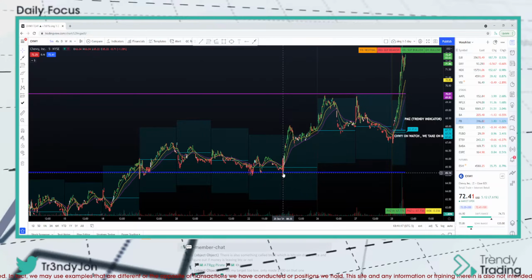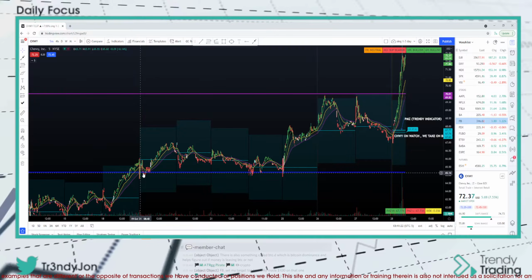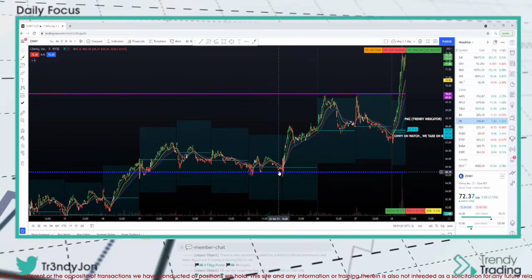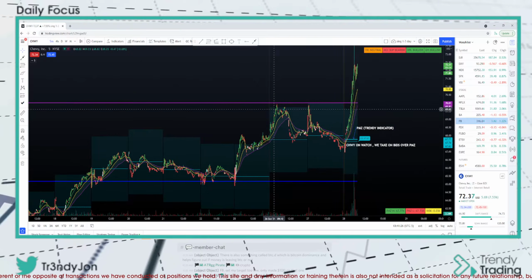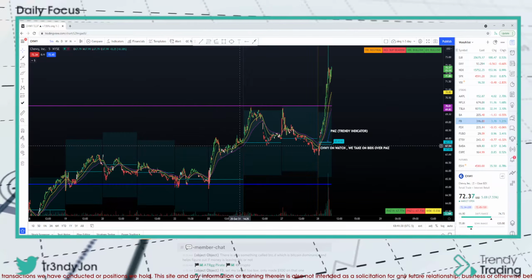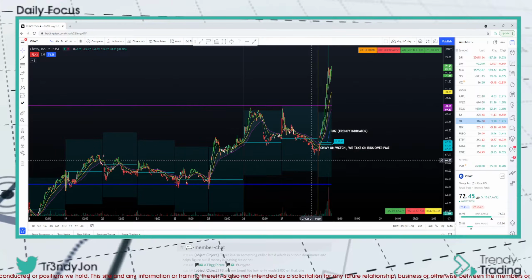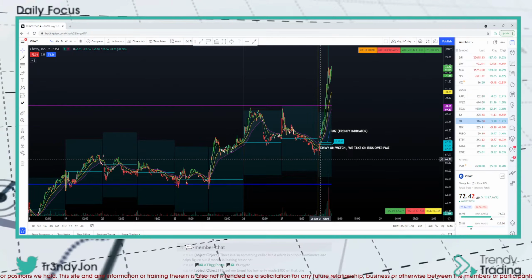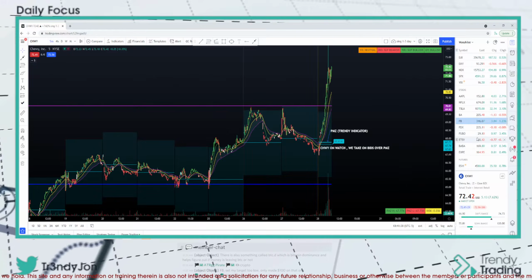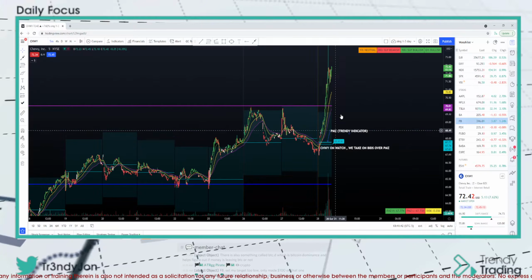Notice down here at your higher trendy edge, we found support. That's normal. Every time we reclaim that edge, we found support and then we pushed up. And then notice we found resistance. A little bit of consolidation over the last couple days. The name's been pretty quiet for a long time. So therefore, we are going to look to trade this to the upside once we get a break.